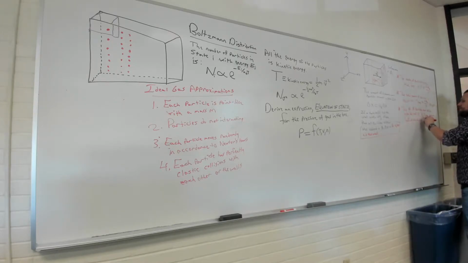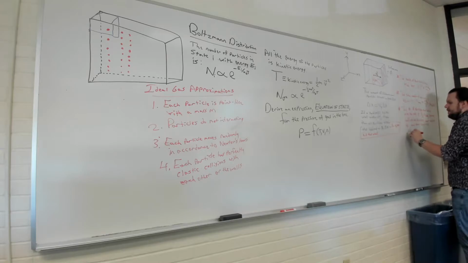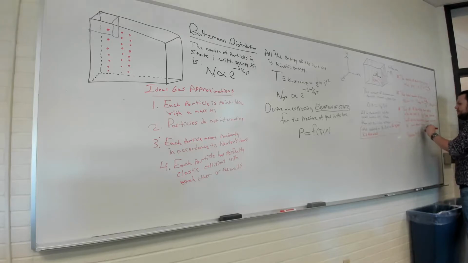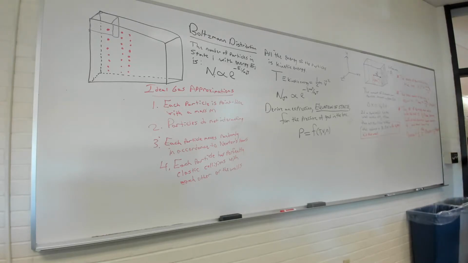Half the particles have velocity Vx, and the other half have minus Vx. So half are moving away from the wall, half are towards. That really means the number that are colliding is 1/2 times the number of particles divided by the volume of the box times the volume of our small box, which is 1/2 density A Vx delta t.